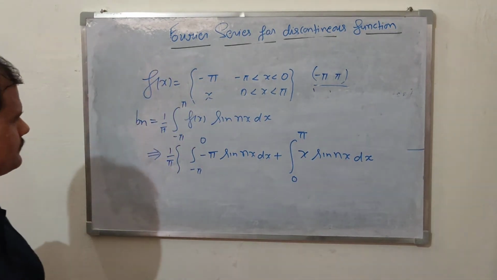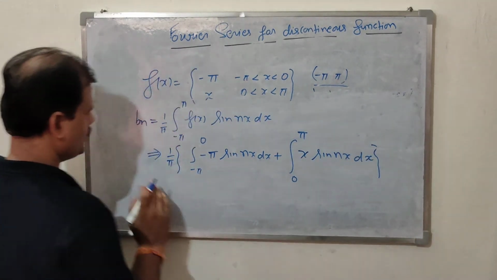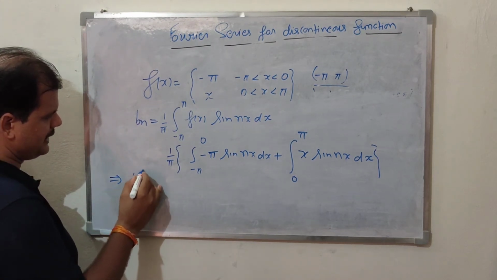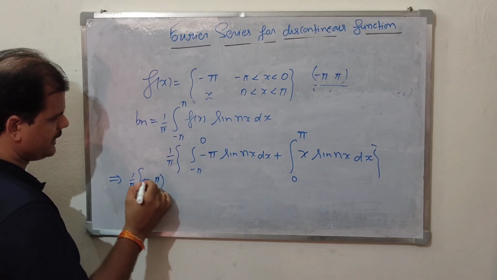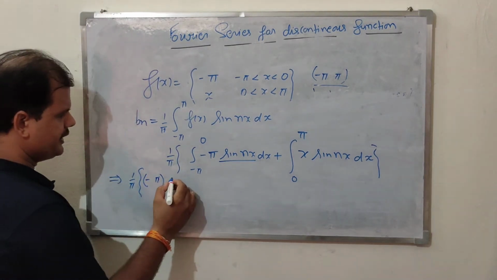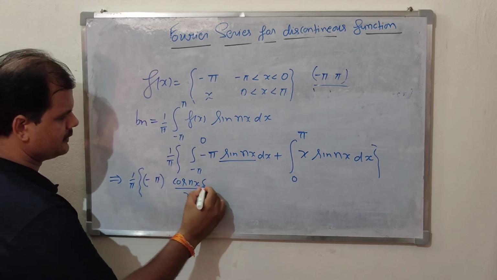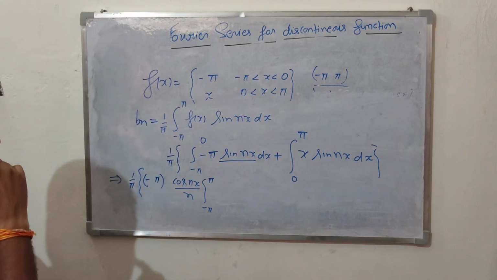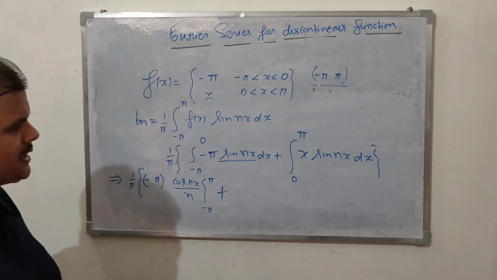Fine. Now let me integrate and see what we are getting. So 1 by pi, the first term will be minus pi as it is constant, and for sin nx the integration will be cos nx by n from minus pi to 0. Okay, and the second term will go with integration by parts.